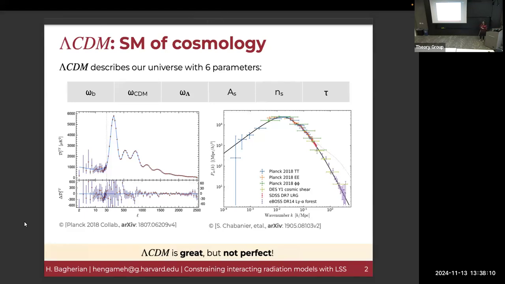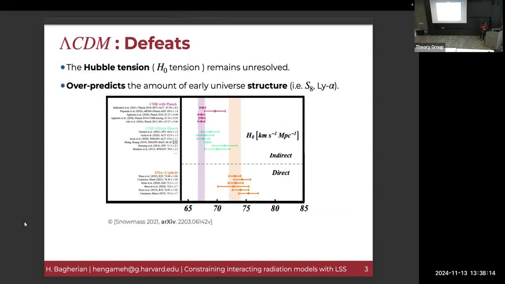And like anything else that is too good to be true, lambda CDM is not without its deficiencies and faults. Two of the most important ones that lambda CDM is facing are the Hubble tension and the large-scale structure tension. For the Hubble tension, I'm going to get into the details a little more, but just briefly, it's the disagreement between direct and indirect measurements of the Hubble parameter.